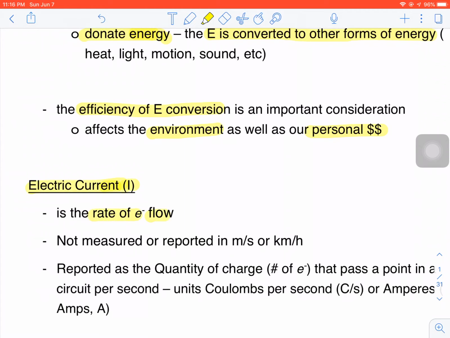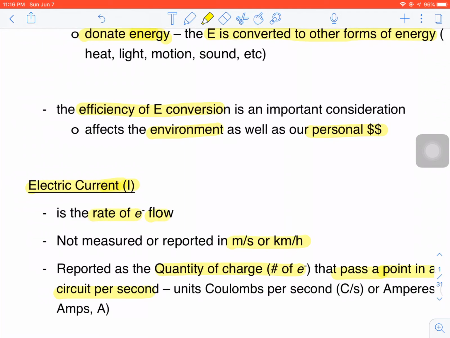We don't measure their speed as how far they move per unit of time. We actually talk about how many electrons pass a point in a unit of time. Right? How much passes a point in a circuit in a unit of time.